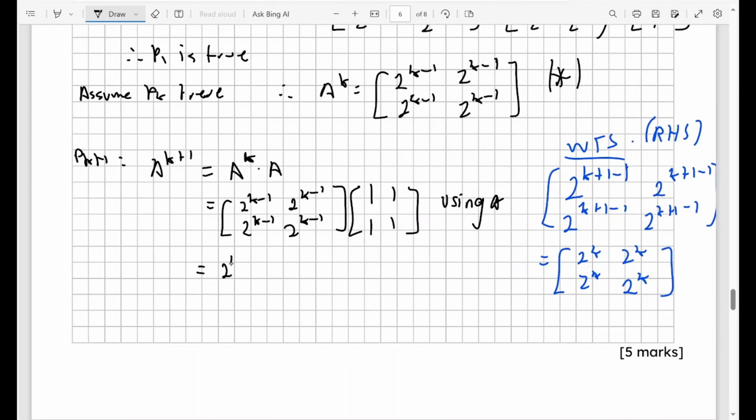I get 2 to the k take 1 times 1 plus 2 to the k take 1 times 1. Make it really clear that you're doing this properly. Then on the next row, we get 2 to the k take 1 times 1 plus 2 to the k take 1 times 1. Same thing here.